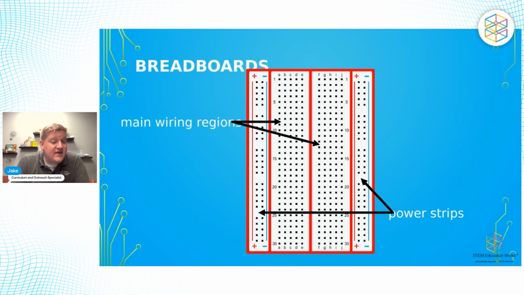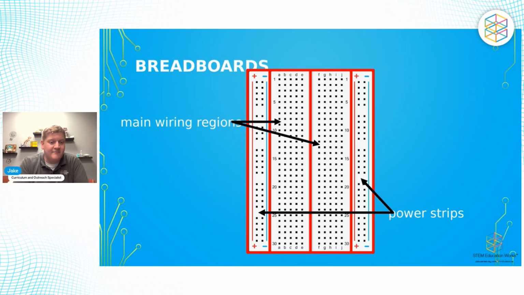Well, if you are building a circuit that's rather complex, you may need 2 different sources of voltage. Let's say a certain part of your circuit requires 3 volts of energy to run it, and another part requires 6 volts. So by having 2 different power strips, you can use 2 different levels of voltage at the same time when you're prototyping your devices.